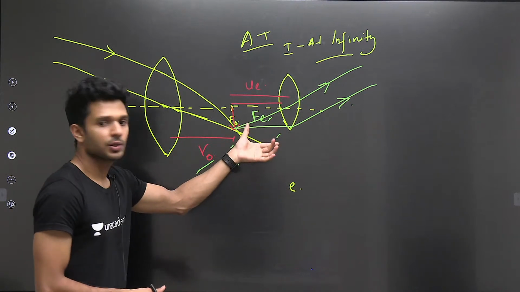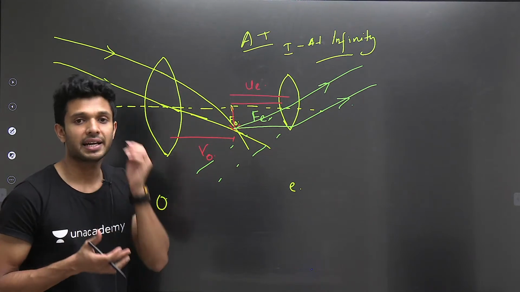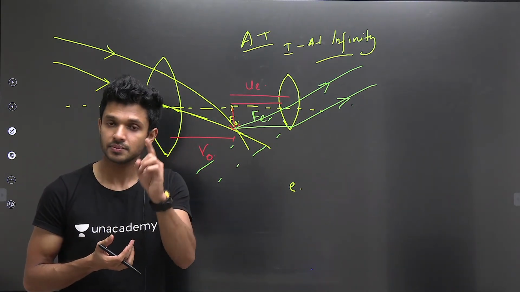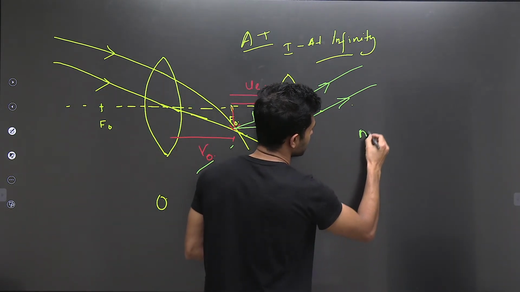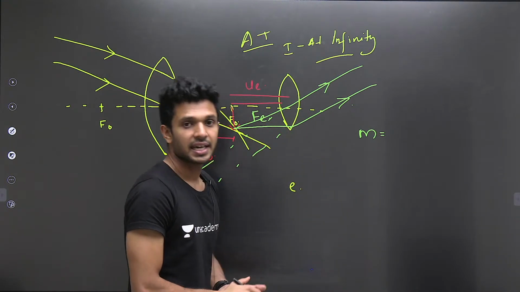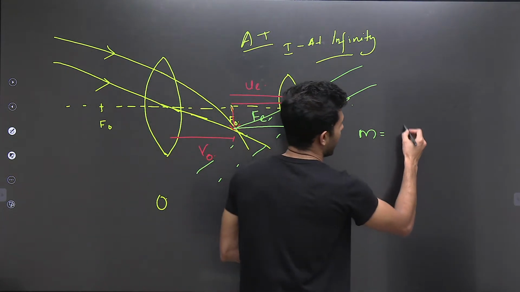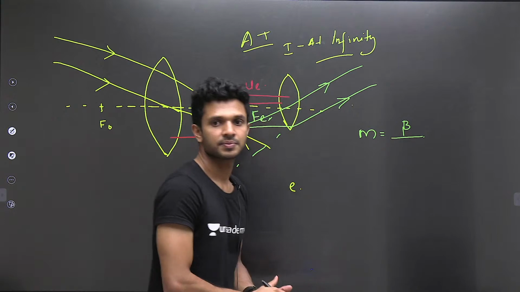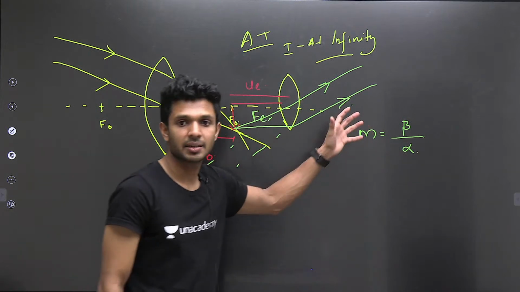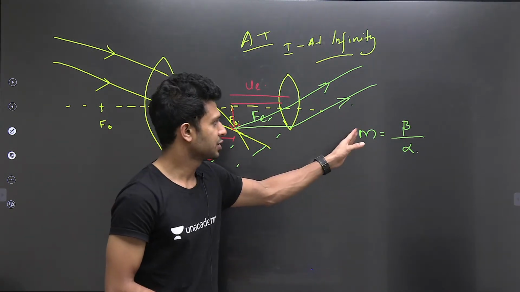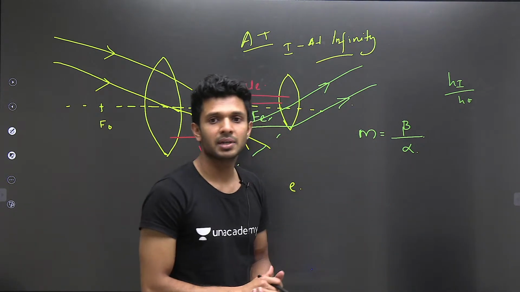Okay, you know that whenever the final image is formed at infinity, it is not possible to find out the magnification by using the usual formulas. So what did we do in those cases for finding magnification? Instead of taking height of the image by height of the object, we found out the angle subtended by the final image to the angle subtended by the object, as the final image is formed at infinity.